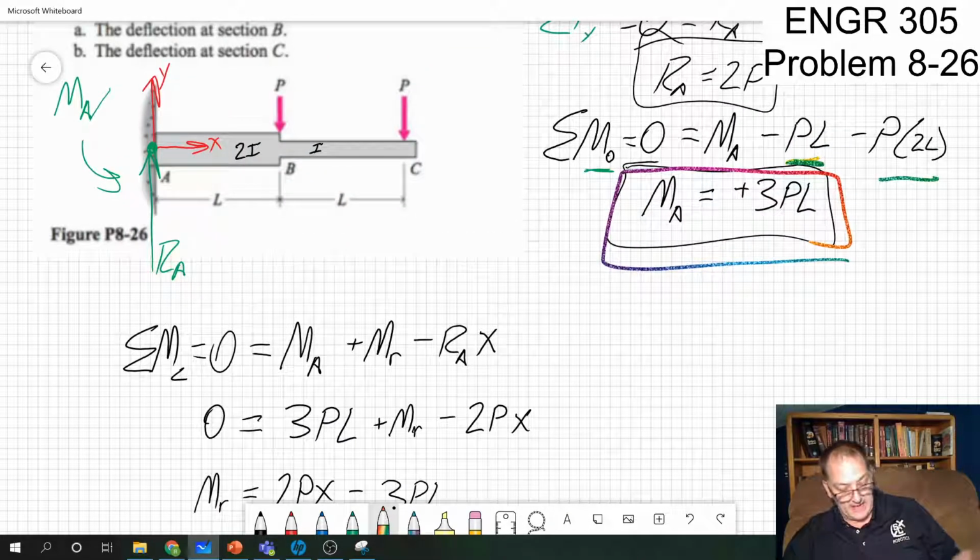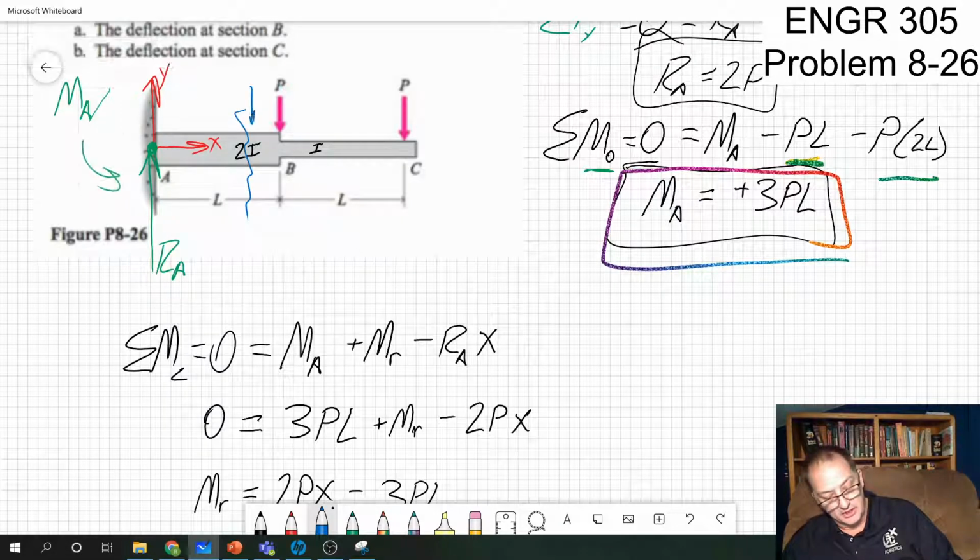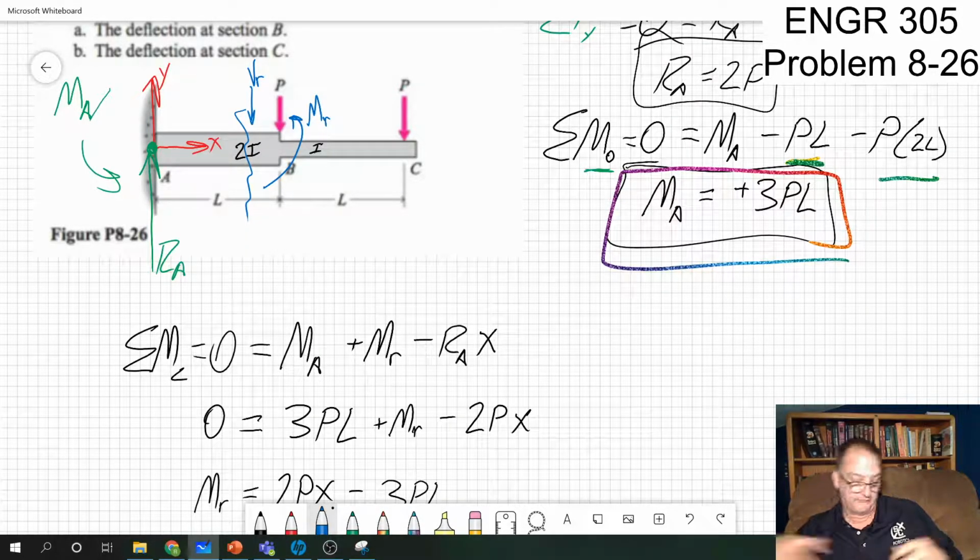The next step is to draw in an arbitrary cross-section and put on my VR and my MR, and then solve for what that is. I didn't even bother solving the shear equation; I just jumped right to the moment equation.